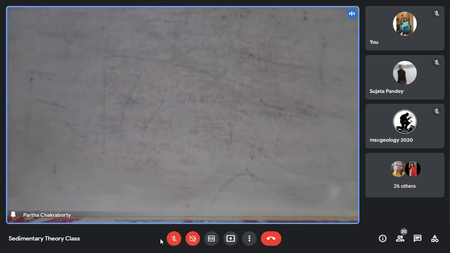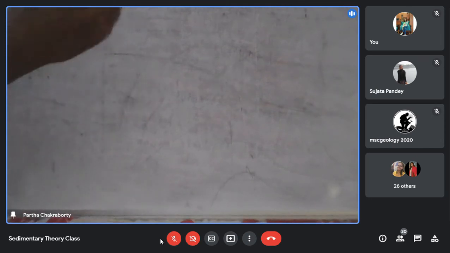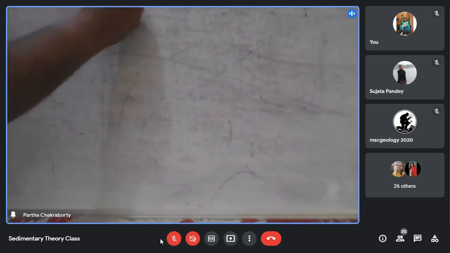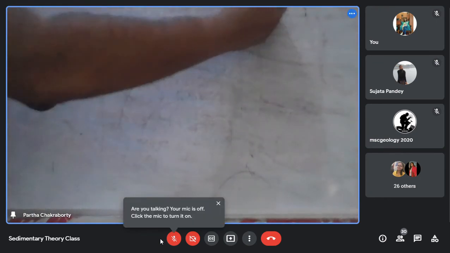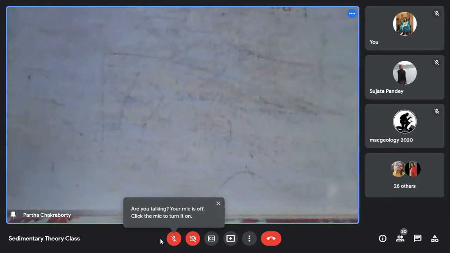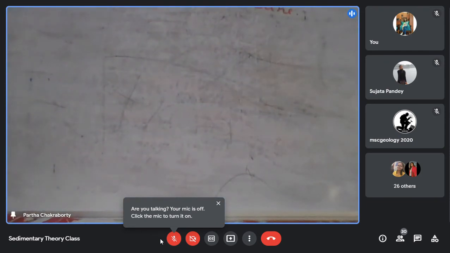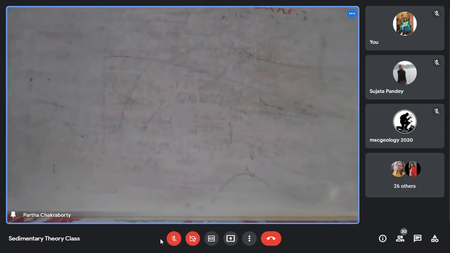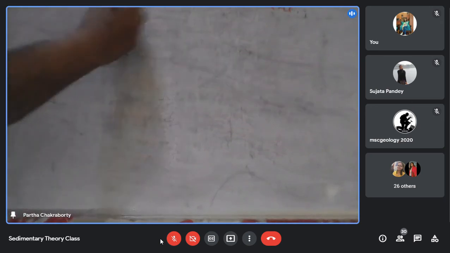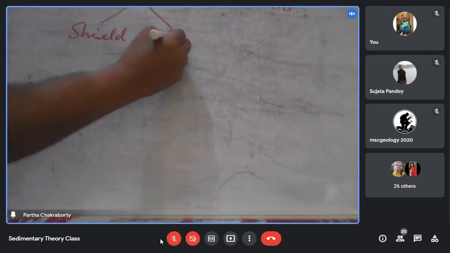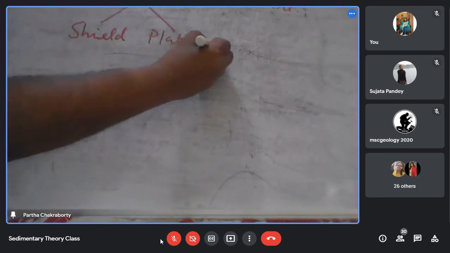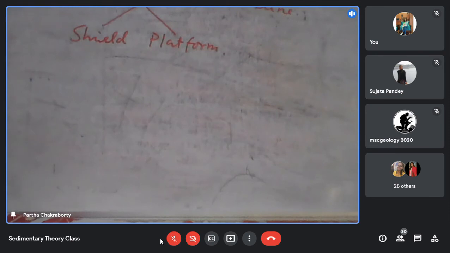What was basically identified at that time? That the Earth's surface is made up of craton and geosyncline. The Tethys Ocean was referred to as the Tethyan geosyncline. The craton has two parts: one is shield, another is platform. If you see the Indian peninsula, what is the shield area?